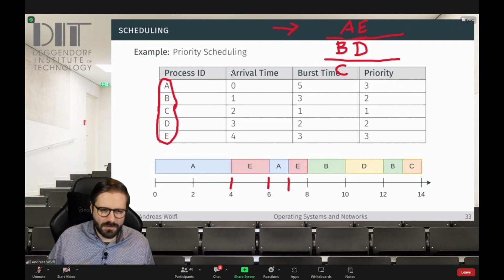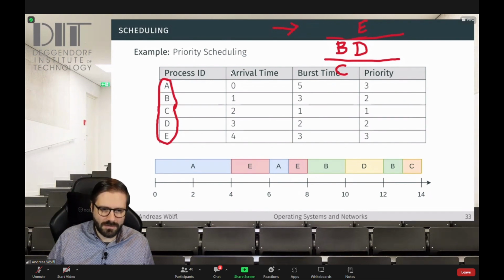At time 7, A finishes because A has a burst time of 5, completed its 5 time units. So at time 7, A goes out of the picture, but the highest priority still has a process, E. So between 7 and 8, E executes.